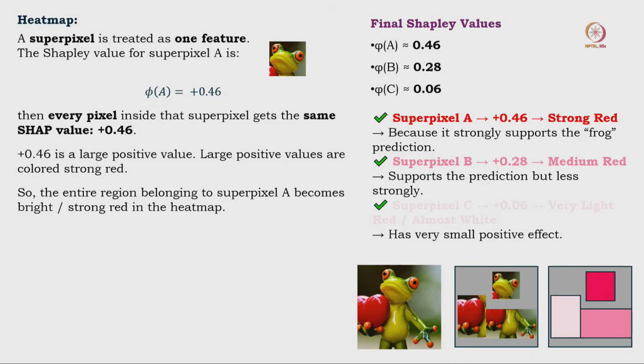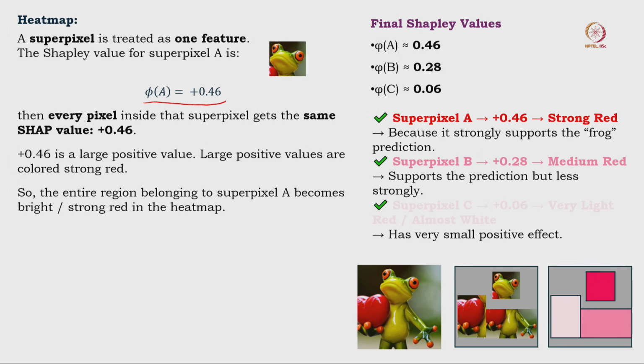And the last step is the visualization. Whenever you execute explainable AI, we are going to get the output which will tell which are the pixel values which have contributed most. Now, from the previous step we have calculated the Shapley value for A is plus 0.46, which means, because it is a plus, it is positively contributing.